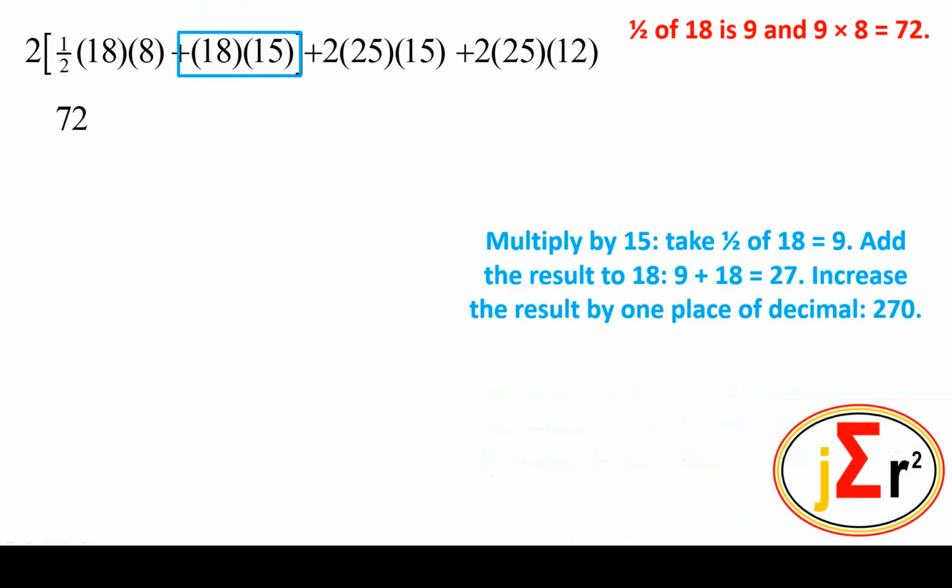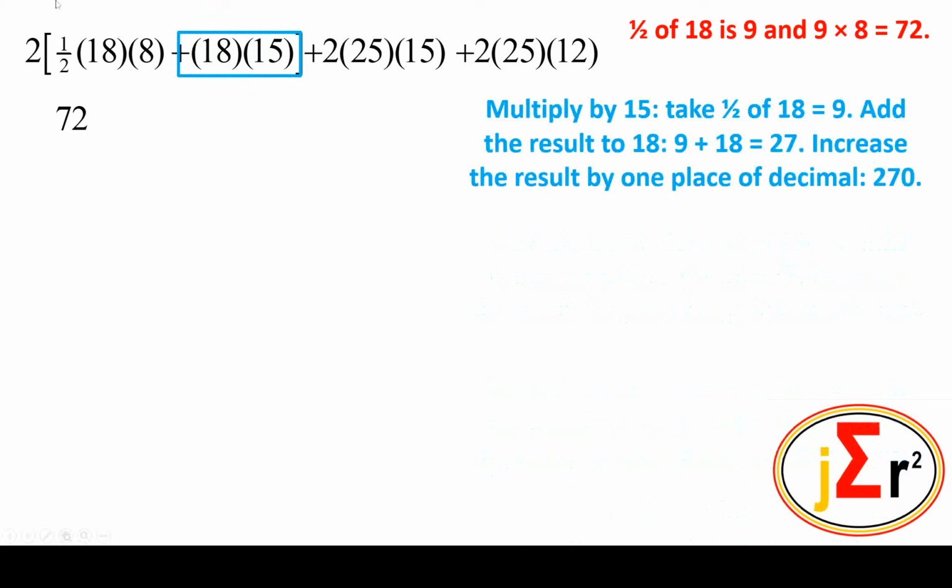18 by 15. What we are doing is treating the 15 as being analogous to 1.5, like we are multiplying 18 by 1.5. What we will do, we'll take 18 and add that to half of 18, as if it is 1.5. So 18 plus half of 18 is 27.